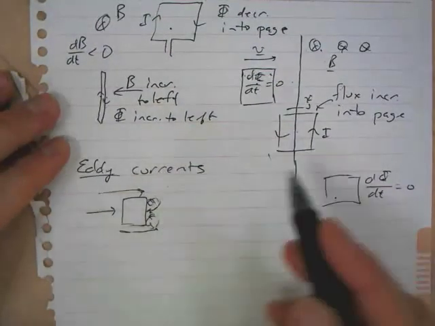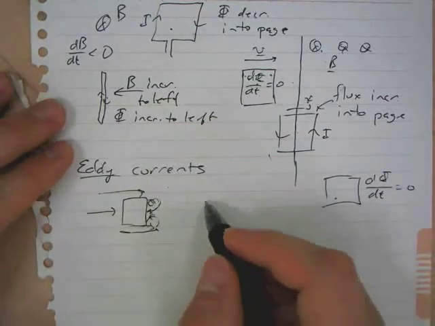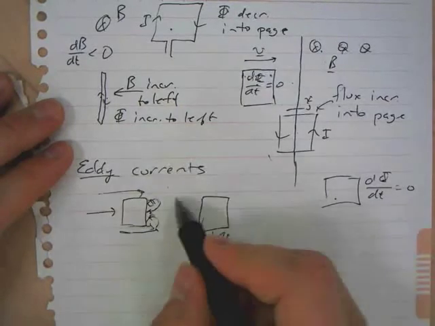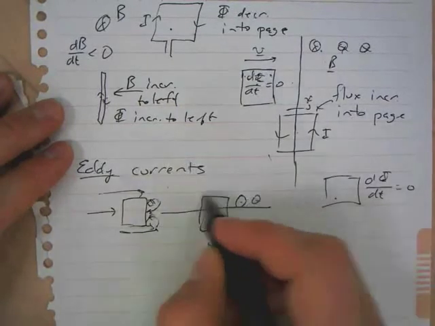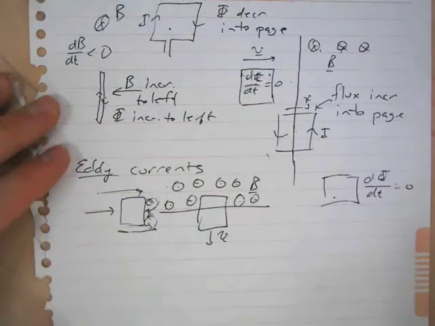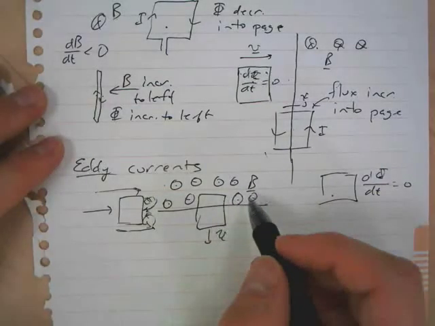These eddy currents also show up when you have a sheet of metal. So if this is a solid sheet of metal, and it's headed downward, and it's leaving some region of B field, this is some region of B field, there are these eddy currents that form.